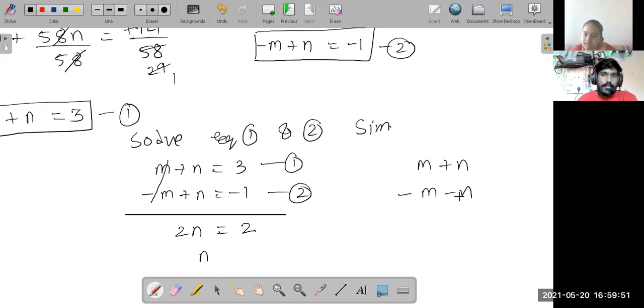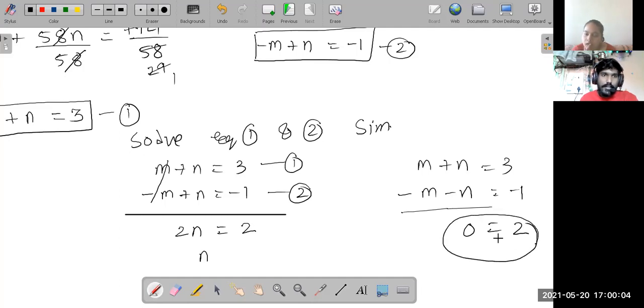Everything would get cancelled, and you would get 0 equal to some number. Suppose it is 3 and minus 1, you'll get 0 is equal to 2. And this is not possible. 0 cannot be equal to 2. So if your sum becomes like this, you directly write no solution. Clear? Yes.